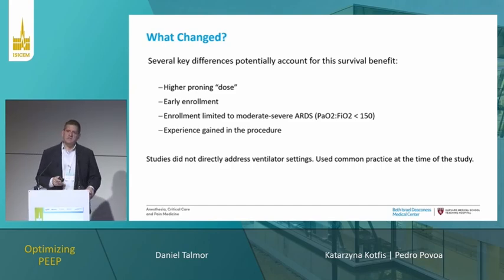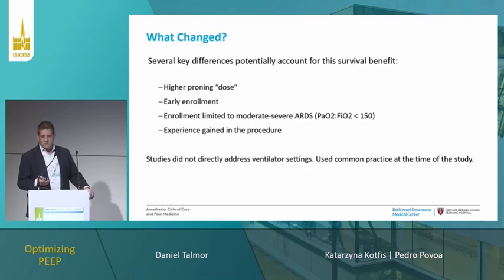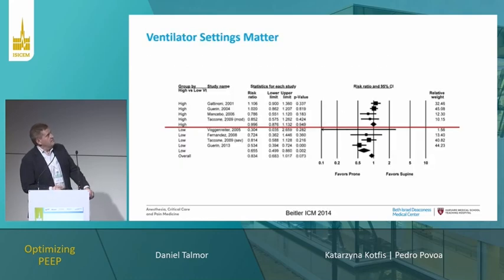But the studies didn't address the ventilator settings. And what happened was each study used the common ventilator strategy at the time the study was designed. So how did that look? You can see a pretty clear cutoff here. The first studies all used high tidal volume. And that may well have been the reason that these studies were negative.